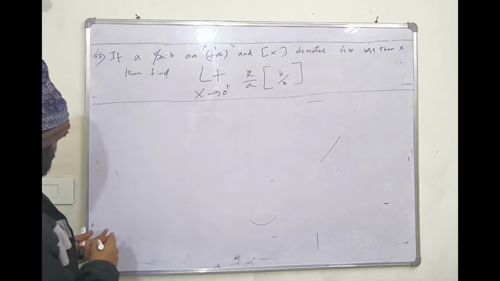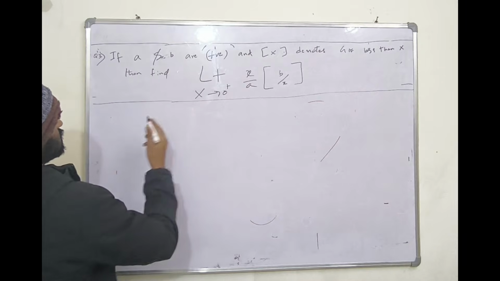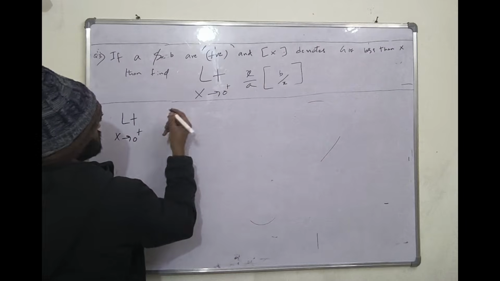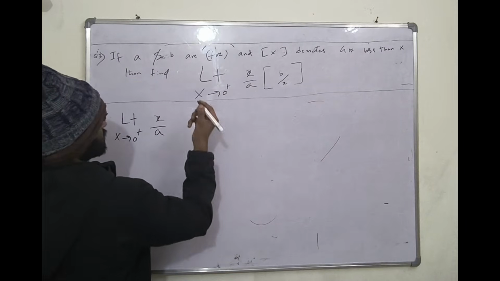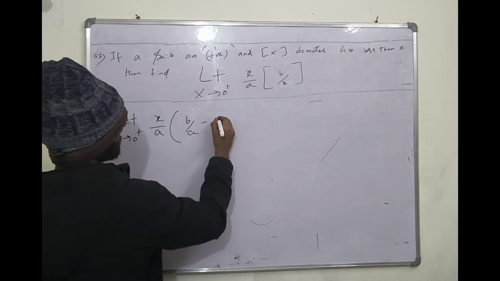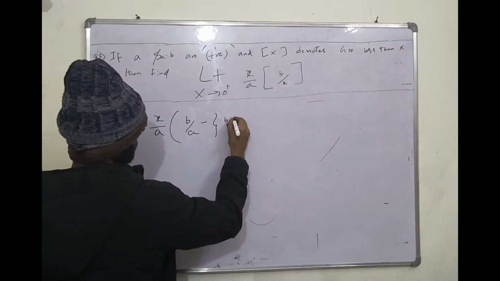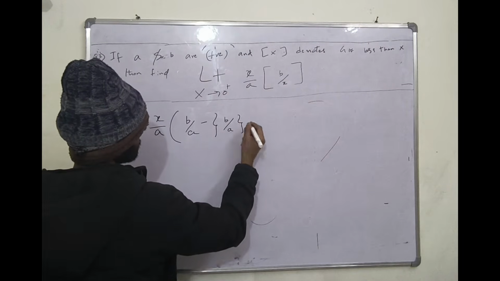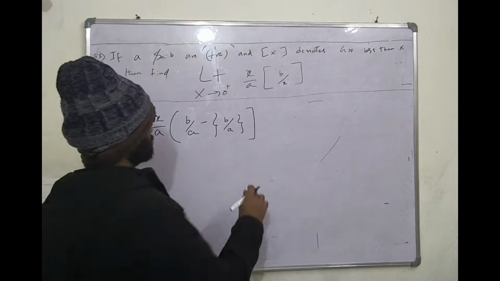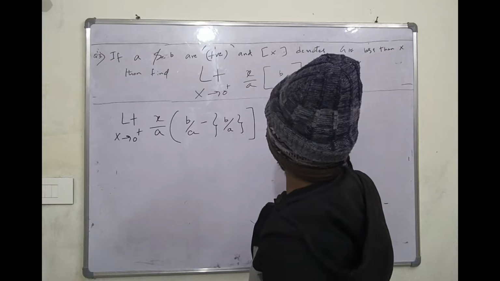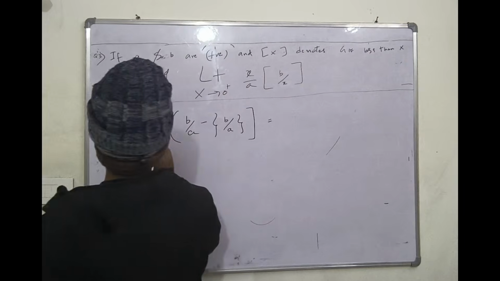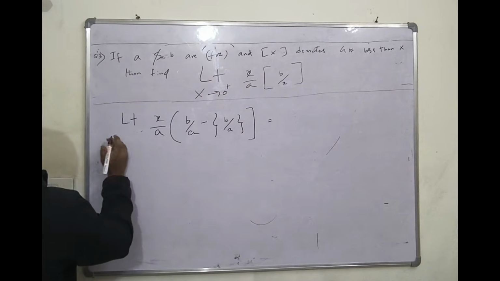The approach here is limit x tends to 0 plus x by a. Step of b by x we can write as b by x minus the fractional part of b by x. Now this we can write as limit h tends to 0.